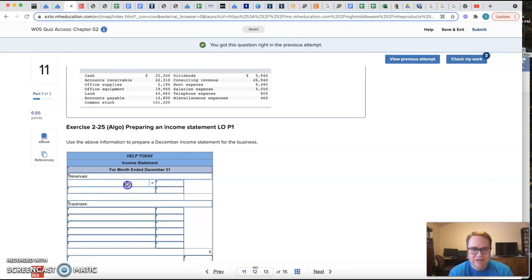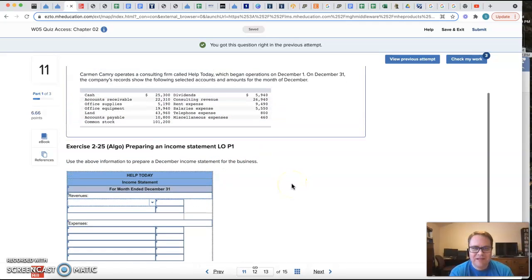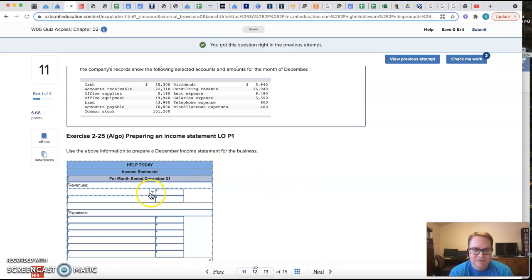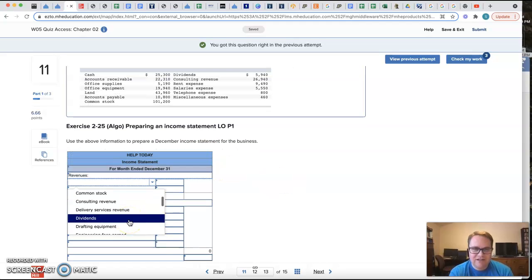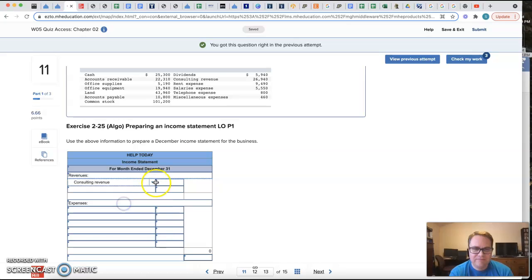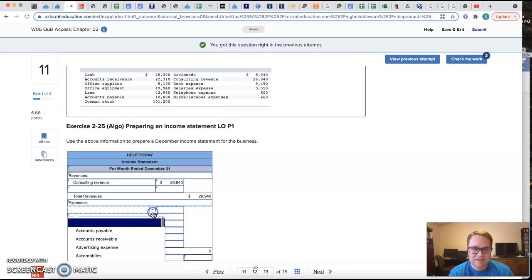And you'll just pull the information from your list of accounts here at the top. So for revenues, the one I have listed here is just a consulting revenue. Enter your amount, and it automatically will start doing a total for you here on the assignment. And then for the expenses, I've got 4 showing up here: a rent, salaries, telephone, and a miscellaneous would be my expenses posted.